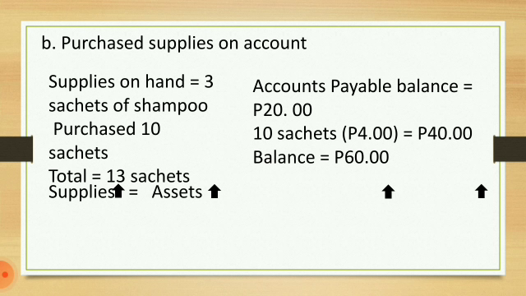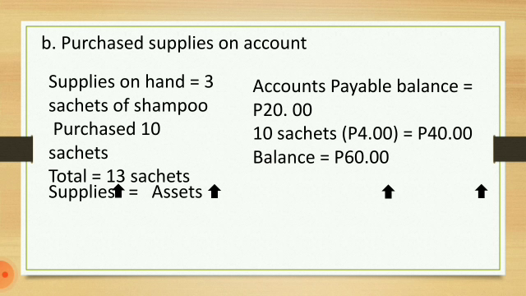And then you bought 10 sachets of shampoo and each sachet costs 4 pesos. So therefore, that's a total of 40 pesos. Now from your original balance of 20 pesos and your additional 40 pesos, what's the balance of your accounts payable now? It becomes 60 pesos.